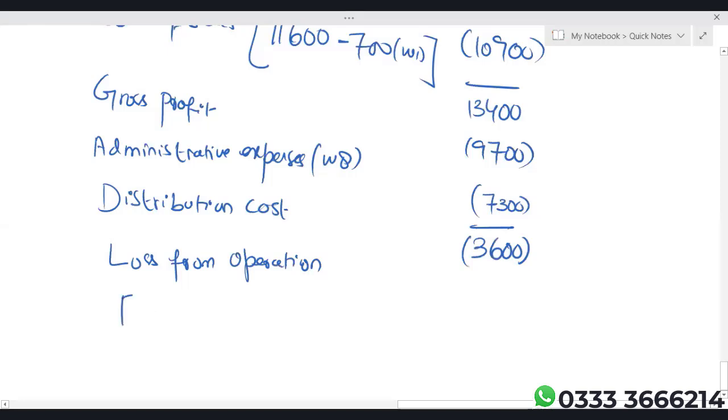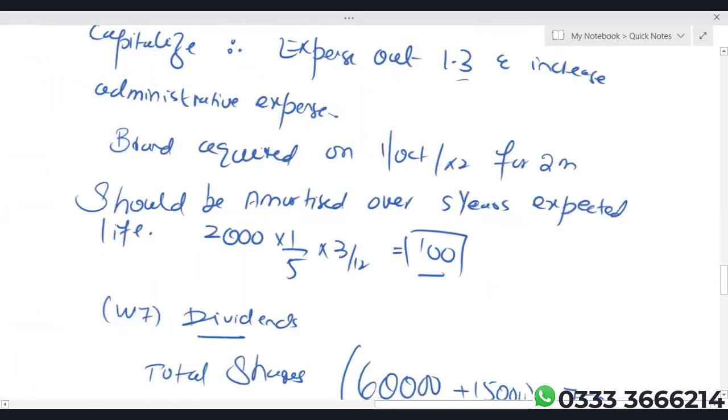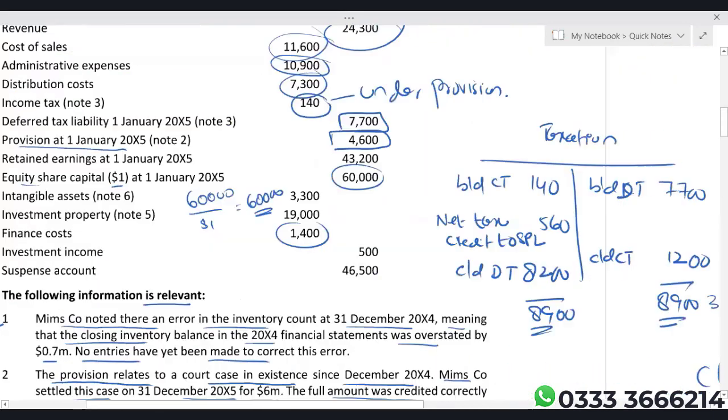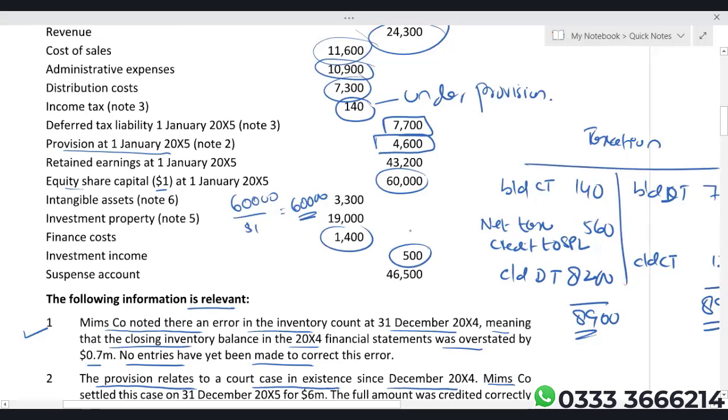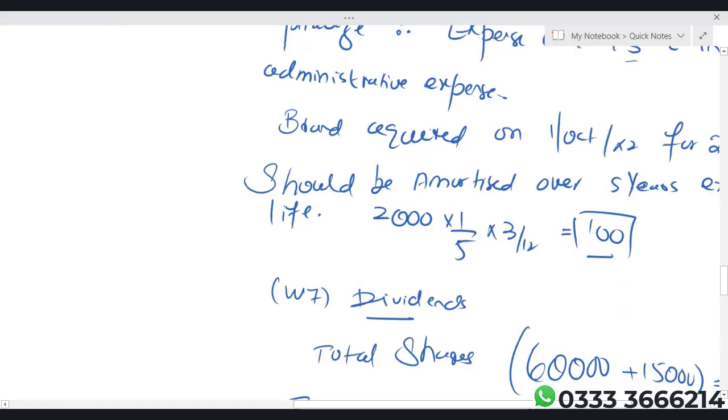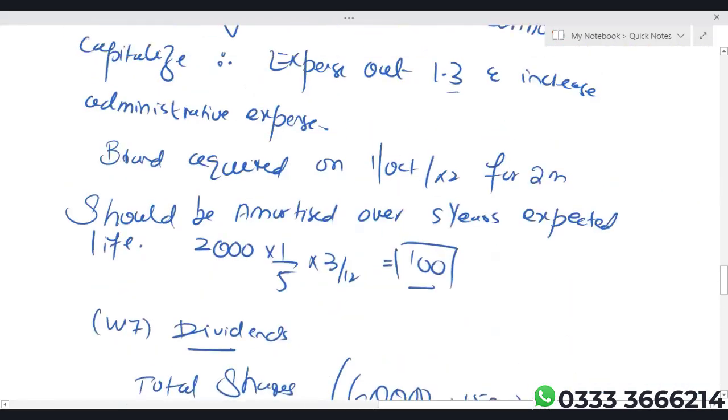Deduct the finance cost, 1,400. Let's see, is there any other income? In the trial balance, we have investment income of 500 and we do have a gain on investment property of 2,000, or 2 million.